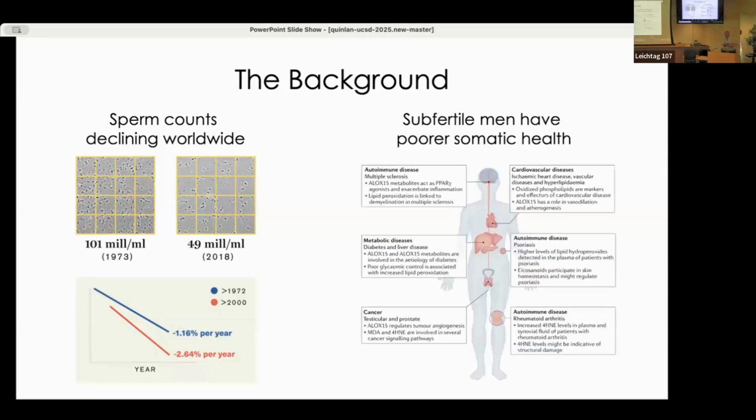And at the same time, there's some epidemiological and now genetic evidence that subfertile men actually have poorer somatic health than fertile men. And I think about this as kind of related to the somatic theory of aging.